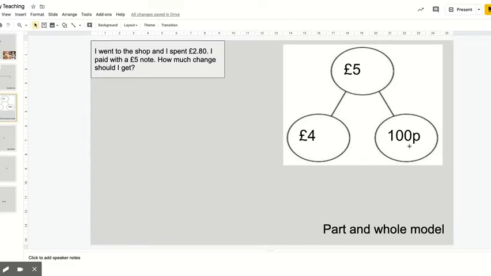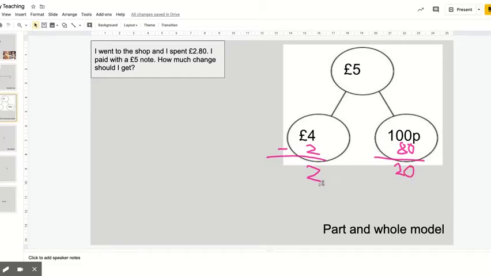As I said on the previous slides, it's always easier to take 80p away from 100 pennies than from a pound. So I can now take away £2 from this £4, and 4 take away 2 would leave me with 2, and I can take away the 80p from this 100 pennies, and I know that 10 take away 8 would be 2, 100 take away 80 would leave me with 20.